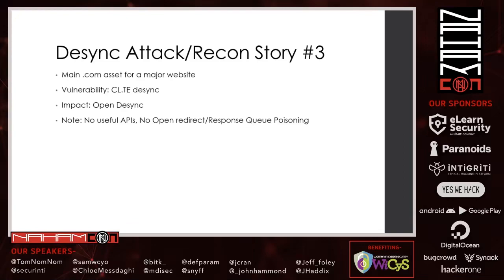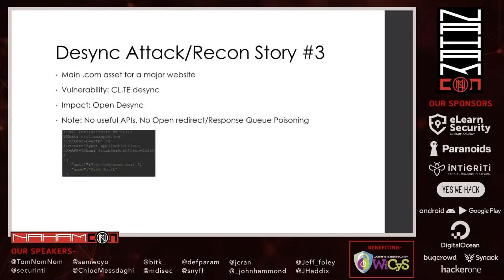And there was no open redirect or response queue poisoning that I could do to steal a session token like I'll be showing in the POCs. So I had to figure out a different way based on the application on how I could steal a session token. So I started playing around with the website through Burp like I did with the previous story. And I noticed an interesting endpoint that allows you to invite someone onto your platform.